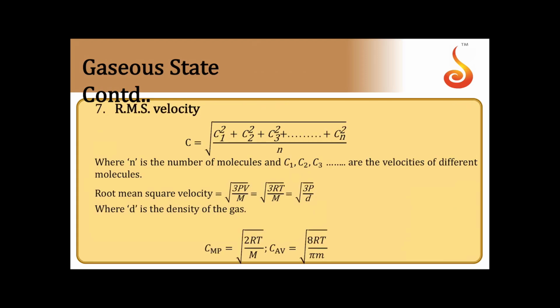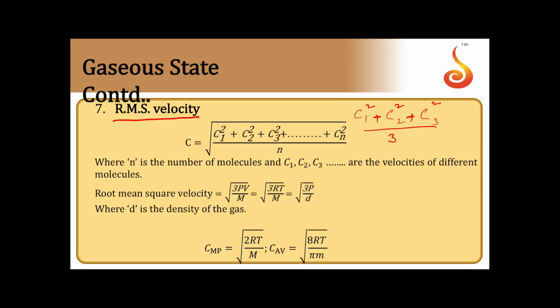Then come different types of molecular velocities. The first one is RMS velocity. Suppose there are three molecules with velocities c1, c2 and c3. We should square the velocities first and then take the average of the squares, meaning we add the three squares and divide by 3.